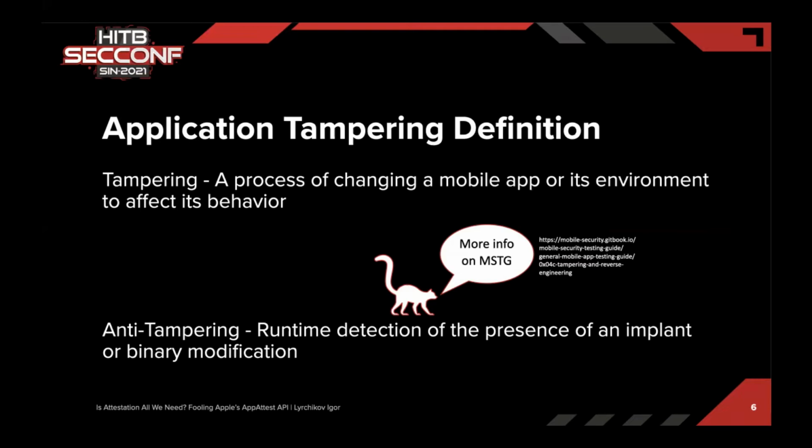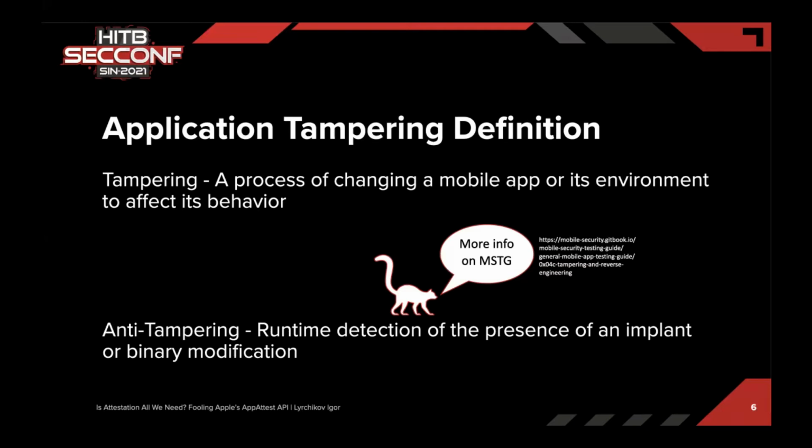Another example that you should be aware of, because it's more harmful: crackers or modders can modify your application to enable premium features without paying for them. Anti-tampering functionality protects the application against such modifications.